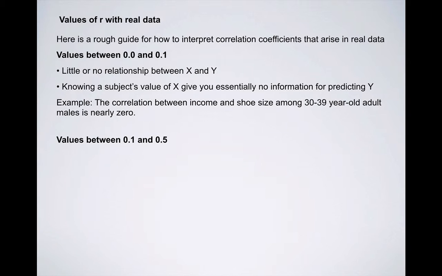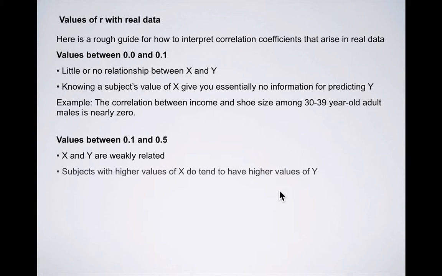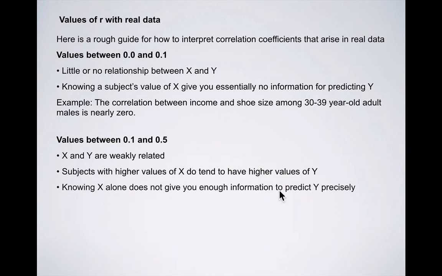Moving along to values between 0.1 and 0.5, the relationship between x and y is weak, so that subjects with higher x values do tend to have higher y values, but it's not a perfect predictor. Knowing x alone does not give you enough information to predict y precisely. You get an idea of whether it tends to be higher or not, but you can't make a perfect prediction based on this.